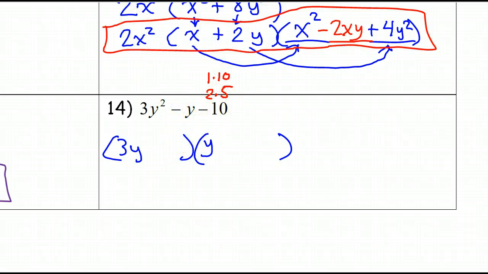Let's start with the 2 times 5. Okay, 2 times 5. If this doesn't work, I'll try 5 and 2. Inner, outer, middle. Okay, inner, I've got 2y. Outer, I've got 15y. I'm trying to get the middle of negative 1y. Okay, that's not going to work. So let's try doing it the other way around.